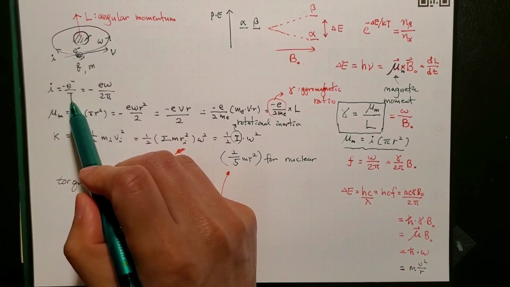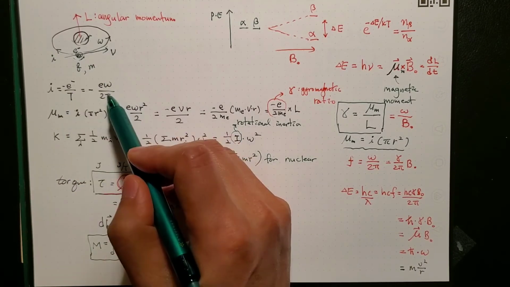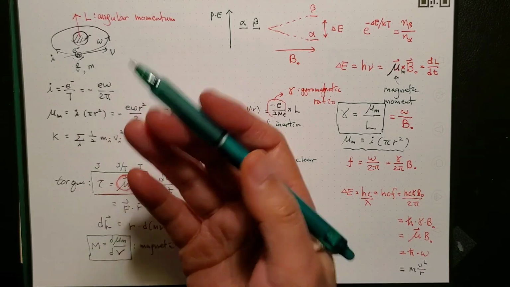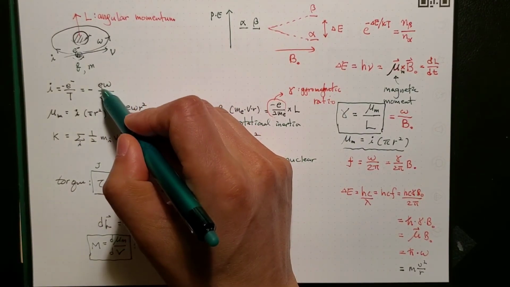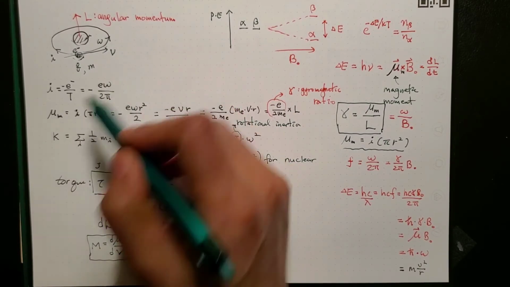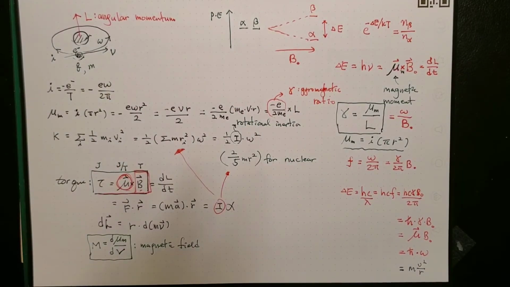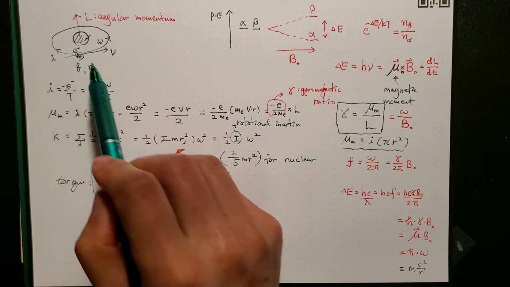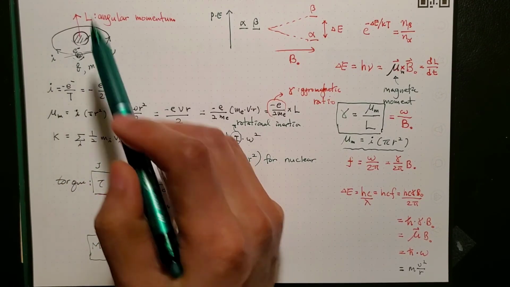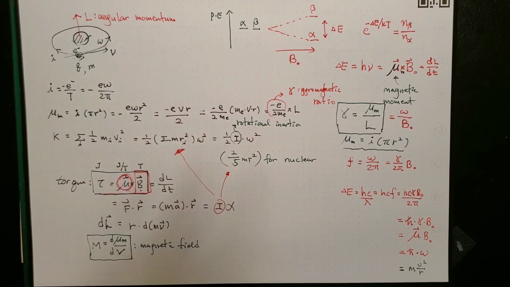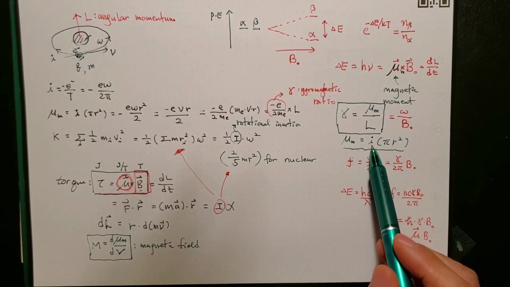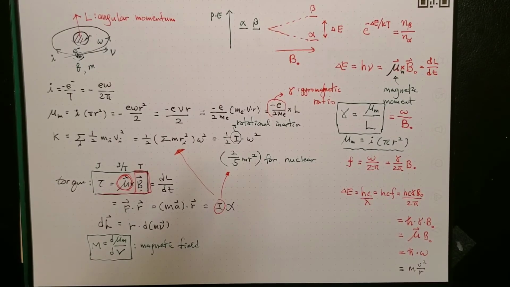Then the period, we talked about it before, so you plug it in and you get this. Now you have a relationship with the amount of charge and the angular momentum. So you have a more angular velocity. If you have a more angular velocity, you get more current, then you get more magnetic momentum.